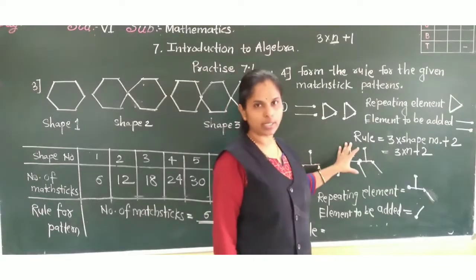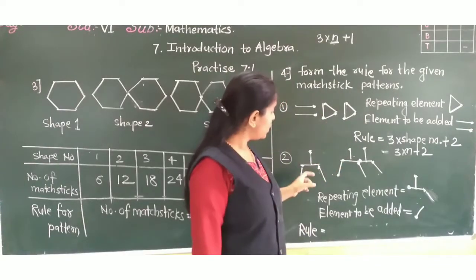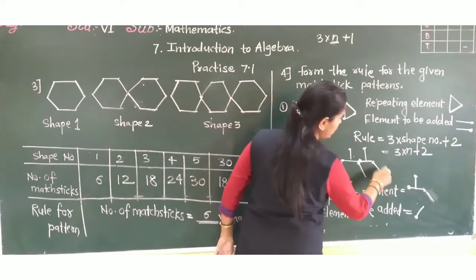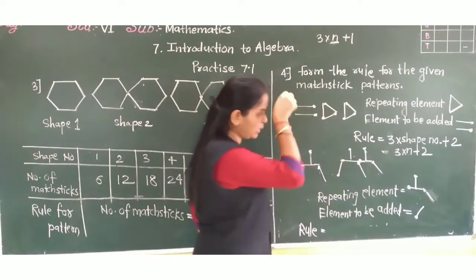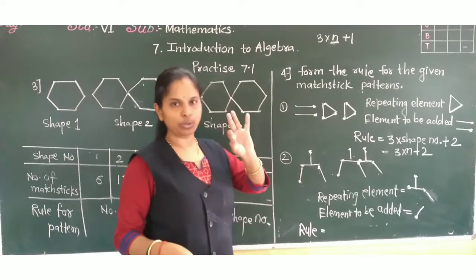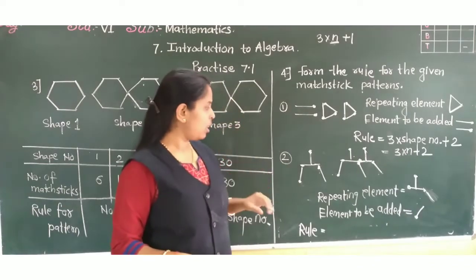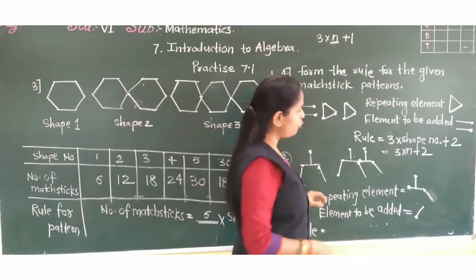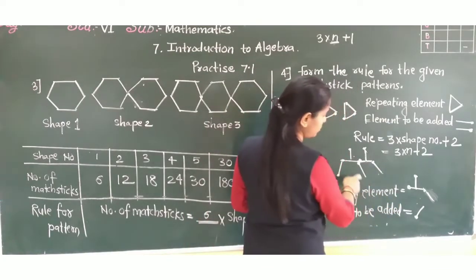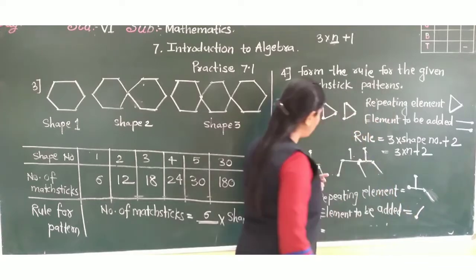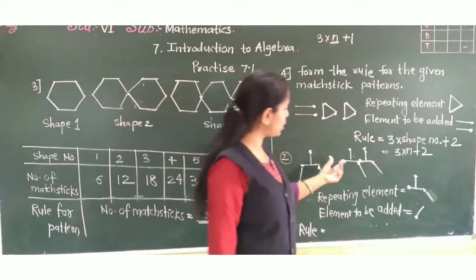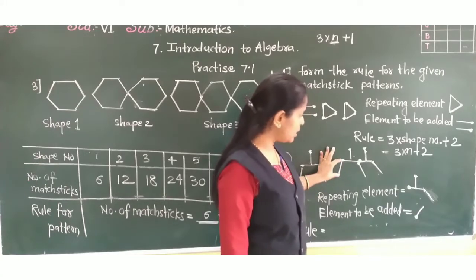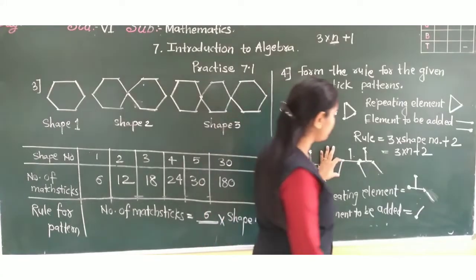This is another, second example. Here the repeating element, which shape is going to repeat? Only this. 3 matchsticks are going to increase in each shape. And what is the element to be added? If we go on adding 1, 1 like this, we get the shape. So this shape is going to remain fixed.